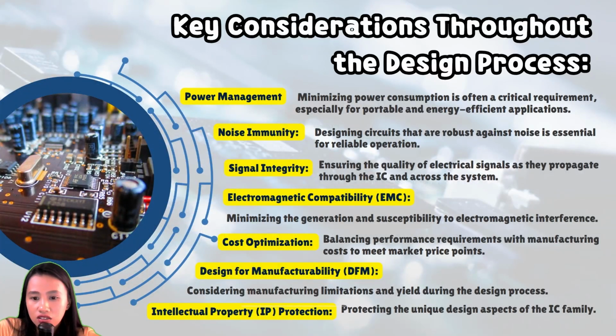So, what are our key considerations throughout the process? We have 1, 2, 3, I think it's 7. First, power management. Make sure our power consumption is low. It's a very crucial requirement, especially for portable and energy efficient applications. It's a hassle when your phone's power runs out just because the IC used consumes so much. High speed, but it consumes a lot, and other parts of the cellphone can't handle it because its power consumption exceeds what the phone company needs. So, avoid that.